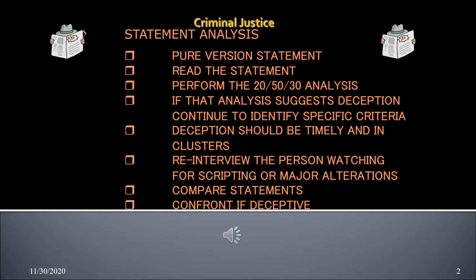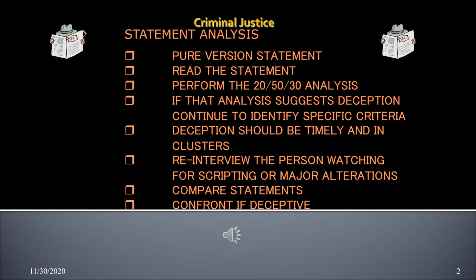So from there, you're simply going to read the statement. Now, we talked in pure version statement, if they write it, you read it back to them so they can confirm that that's the information, and that you can confirm that you can actually make out their writings. And this is the ideal. If, on the other hand, they dictated it to you, then you would hand it to them to read, etc. Right?